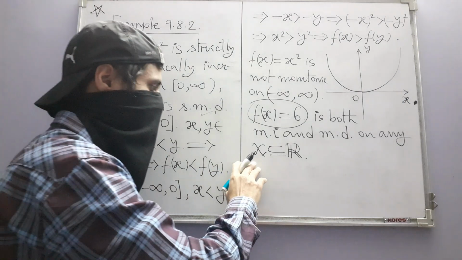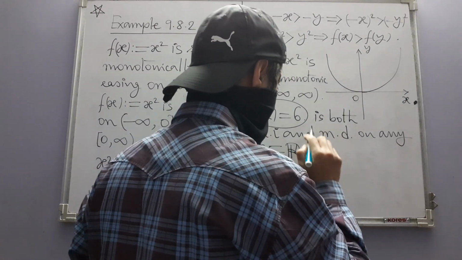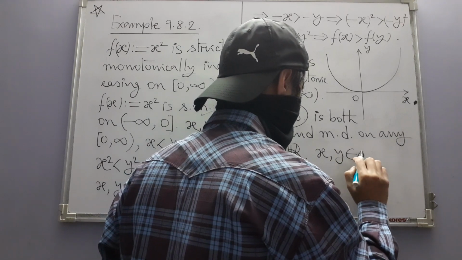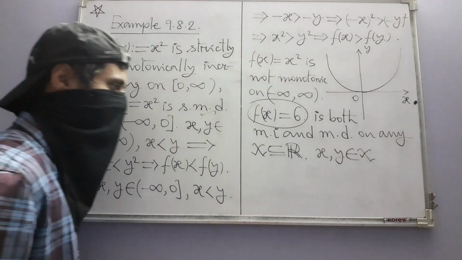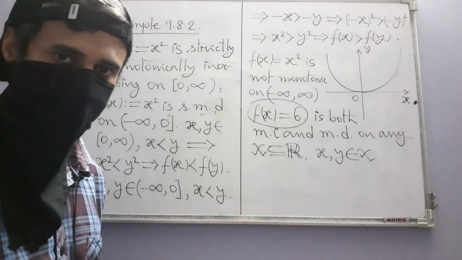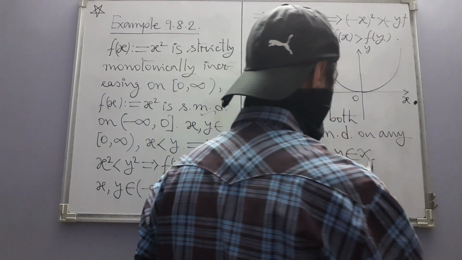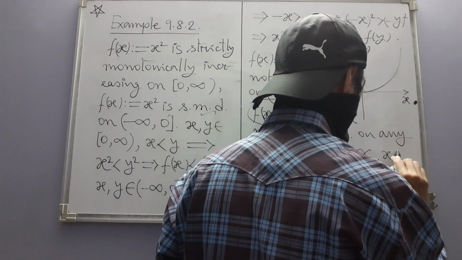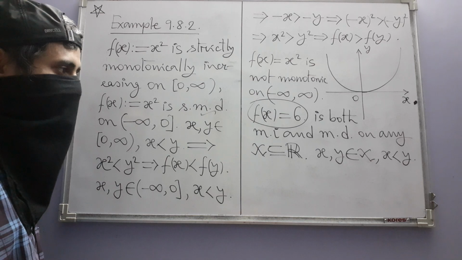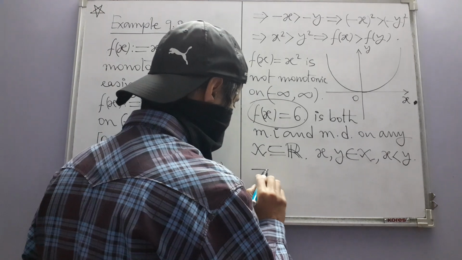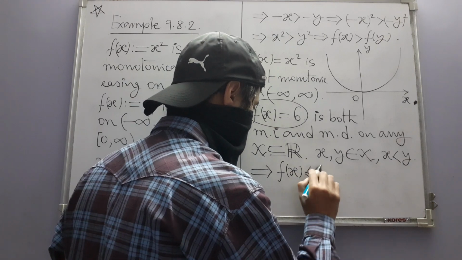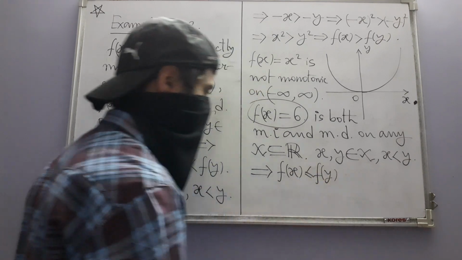If you really want to get down to the details, this is why. You just follow the definition. You take X, I don't really know what X is, but it does not matter also. I take x and y in X such that x is less than y. Now, does that imply f of x is less than or equal to f of y?